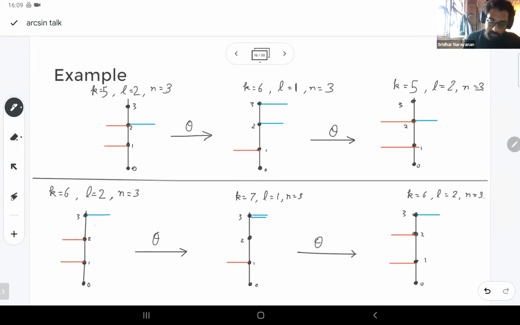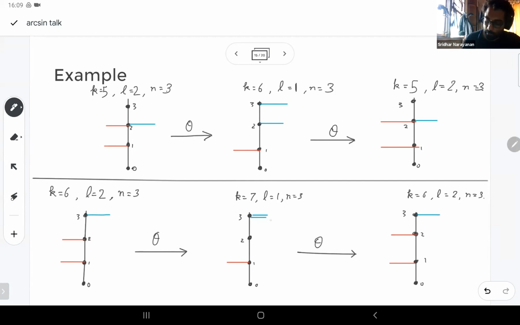And so what you do is you just ignore this blue piece on top here, and then you go down to the next level. So at the next level, which is a 2, you find a red piece. If you find a red piece, you must push it up and change its color to a blue. So that's what we do. So we take this red piece here, push it up to a 3 and change its color to a blue, right?